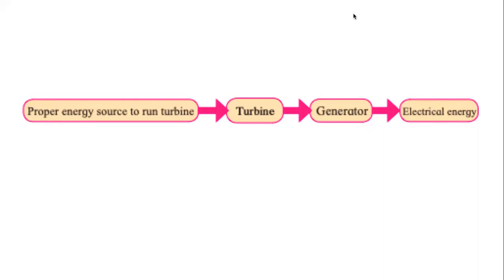At this point in time, what I want you to do is go through the pages of the chapter and find out what are the different ways given in the chapter that we are going to study of moving this turbine to produce electricity. Also, is there any other way given? Can we produce electricity without a turbine?